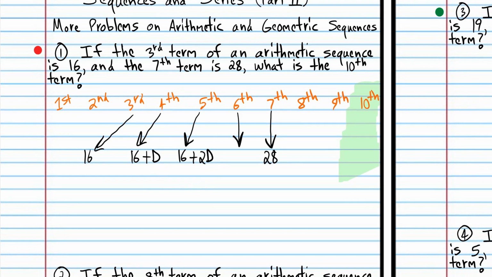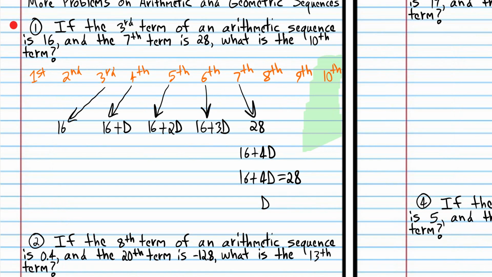And the sixth term is going to be the third term plus 3 times the common difference. And to get to the seventh term, we have to take the third term and add 4 times the common difference, and that should be equal to 28. So all we have to do is solve that equation to find the common difference, and we'll use the common difference to help us find the 10th term.